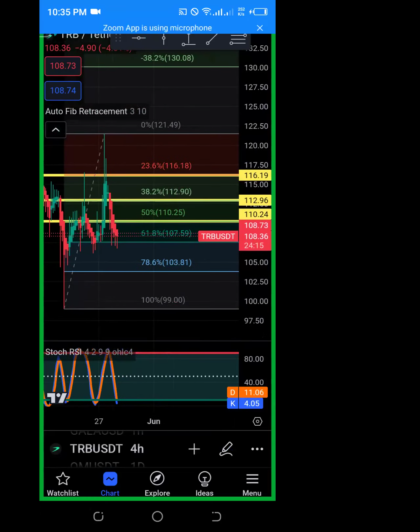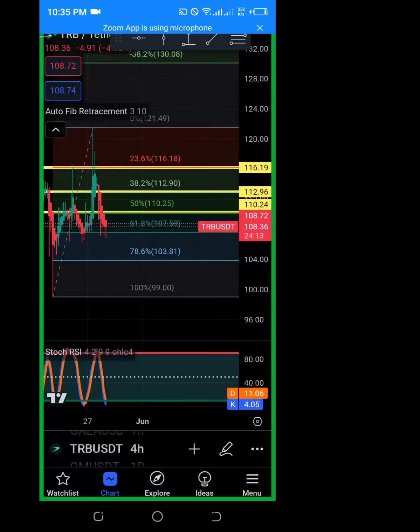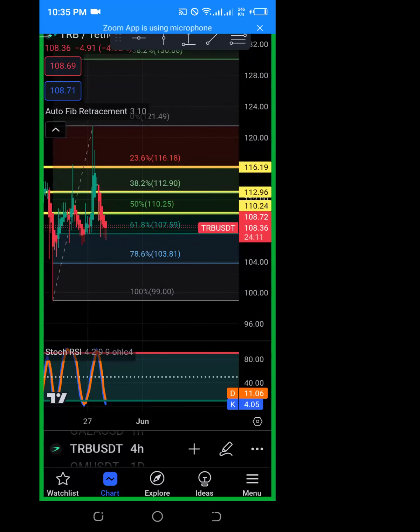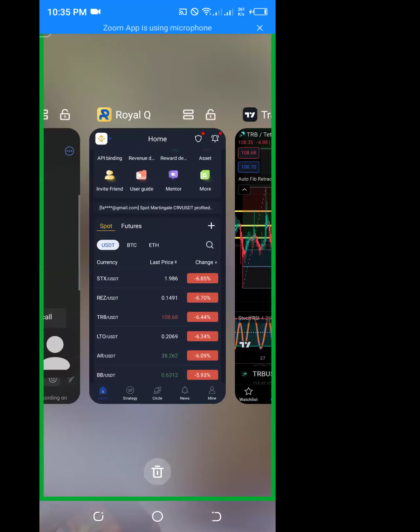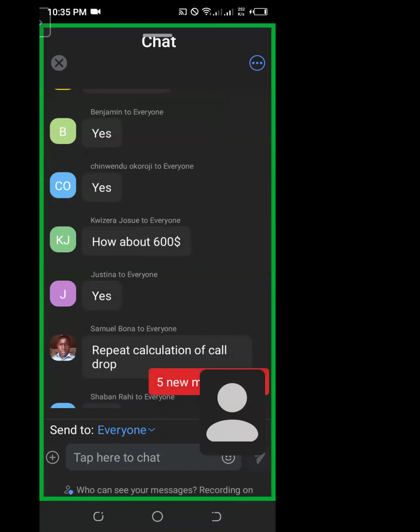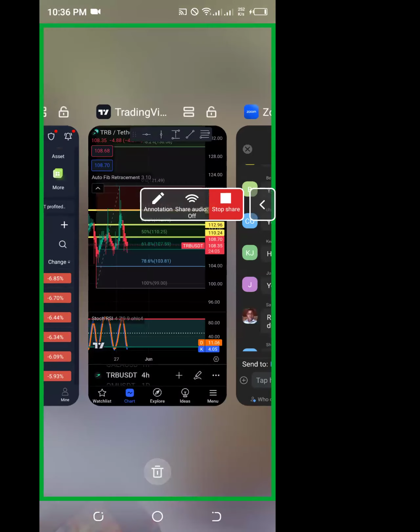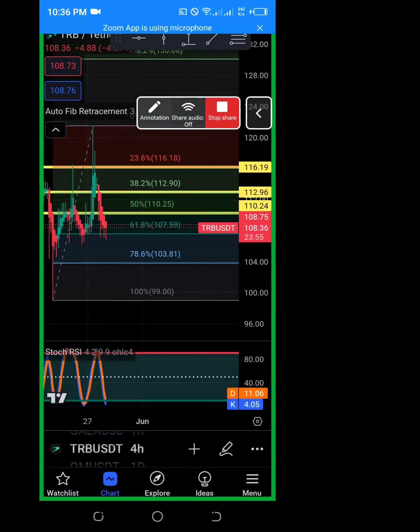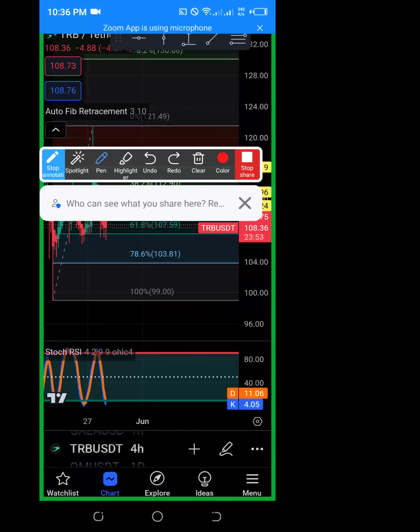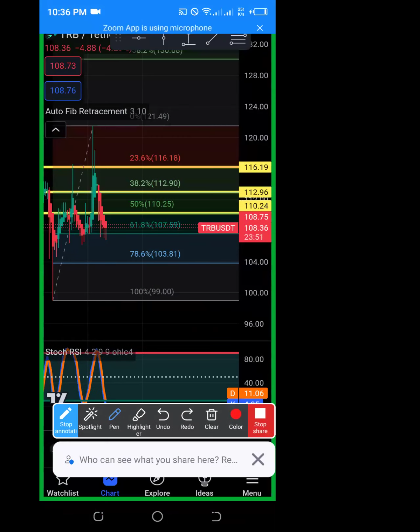In simple terms, I want to leave Zoom when you've understood how to use this indicator, which you call auto fib retracement.